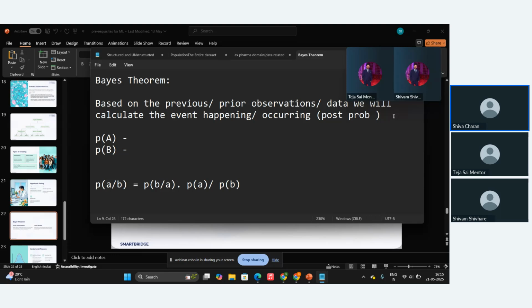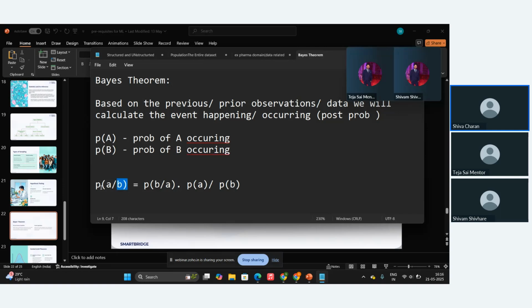So P of A is the probability of A occurring, and P of B is the probability of B occurring.